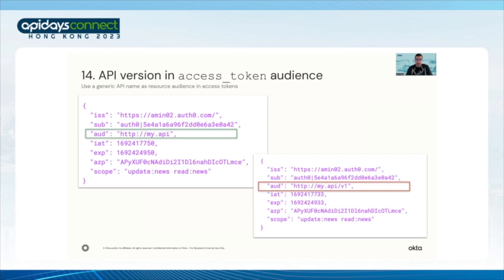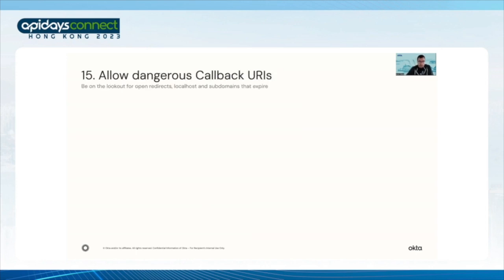If you add a version, say I'm going to issue a JWT for version 1 and then for version 1.1, think about all the refresh tokens that are distributed among your clients, and they most probably can't use them because the refresh tokens are bound to a certain audience. With the version change, now you have to re-authenticate all your users, right? So you'd like to avoid that and use a generic audience, not the versioning, in your access tokens.